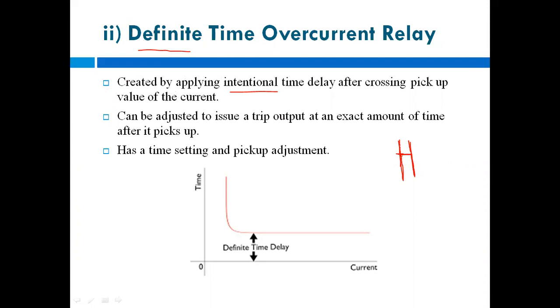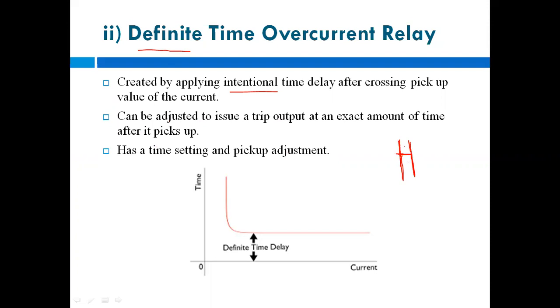So this relay is created by applying an intentional time delay after crossing the pickup value of current. Then this relay can be adjusted to issue a trip output at an exact amount of time after it picks up.